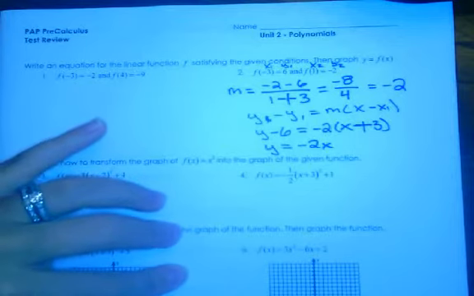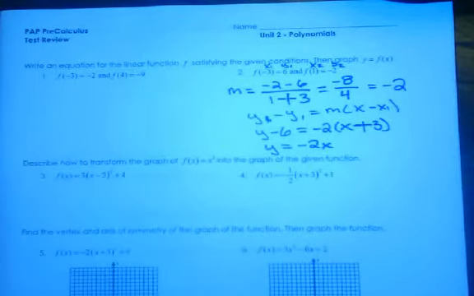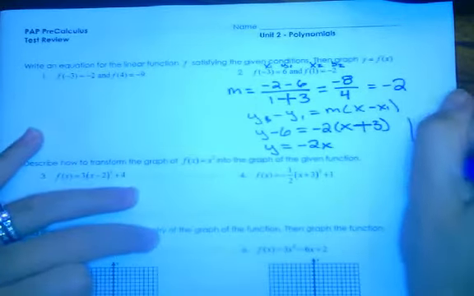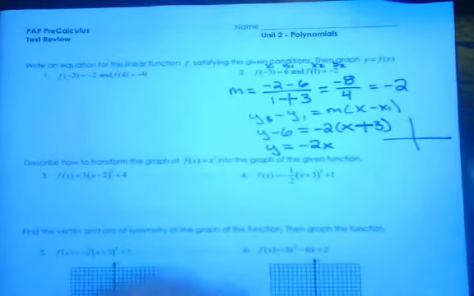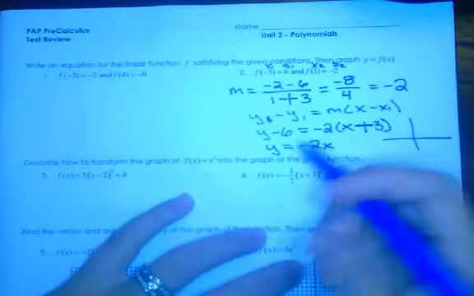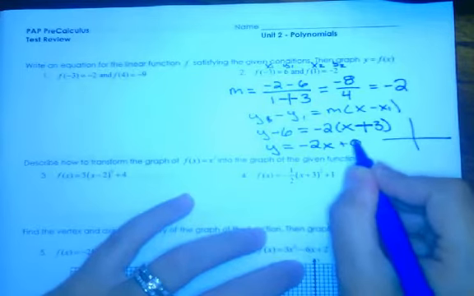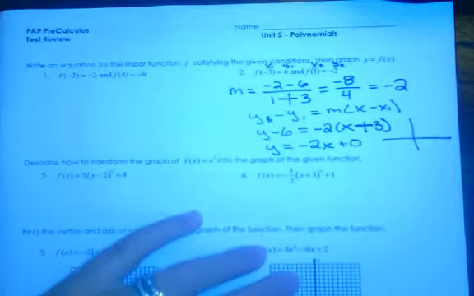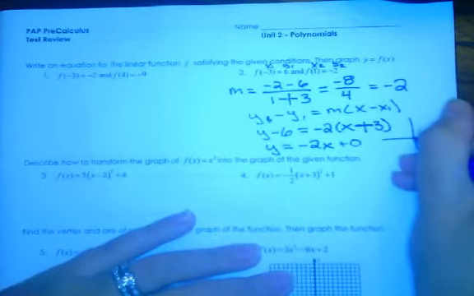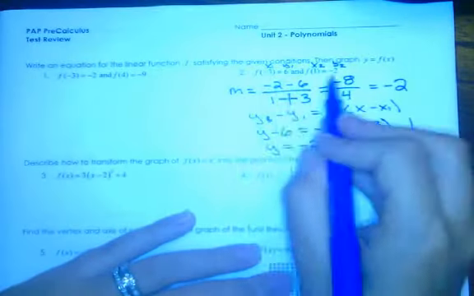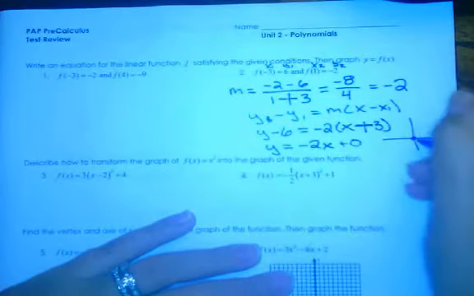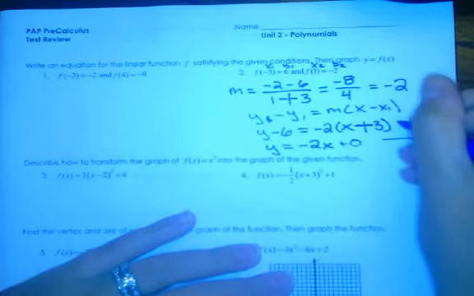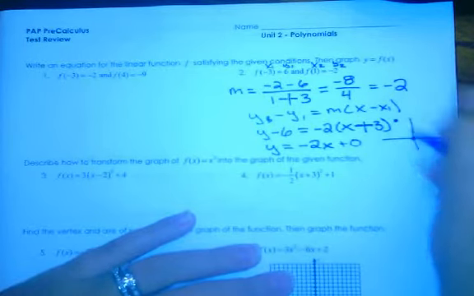It did say to graph it, so let me see if I have another color over here. So if I was to graph this on a set of axes, just a quick sketch, it would have a y-intercept of 0. If you need to write that plus 0 there to help you, you can. Okay, so it has a y-intercept of 0. I also know these 2 points are on the graph, so you could always plot negative 3, 6, and 1, negative 2.